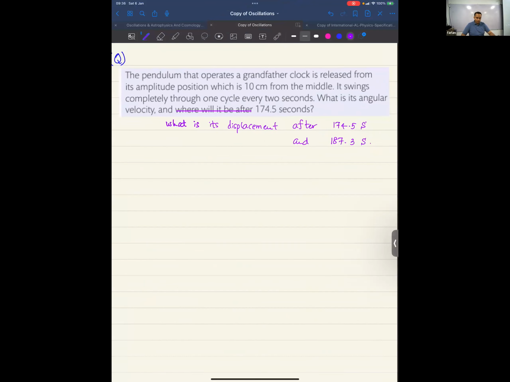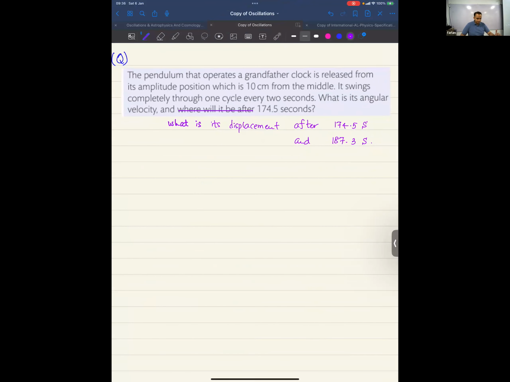So the question has 3 parts. One is to calculate the angular velocity, and then to find the displacement at 174.5 seconds, and the next one is to find the displacement at 187.3 seconds. Okay.